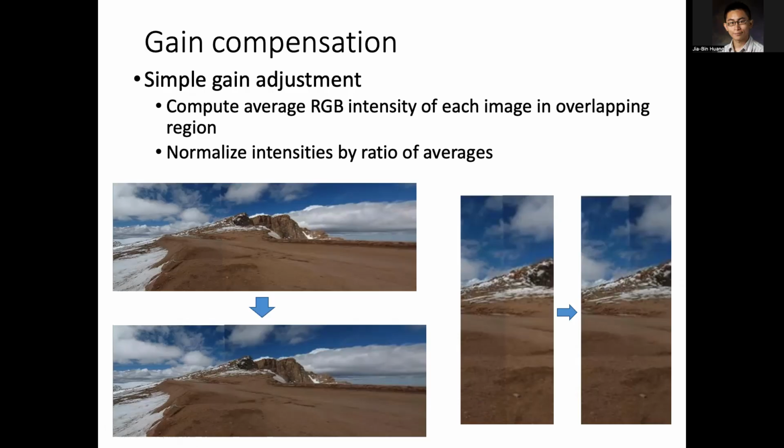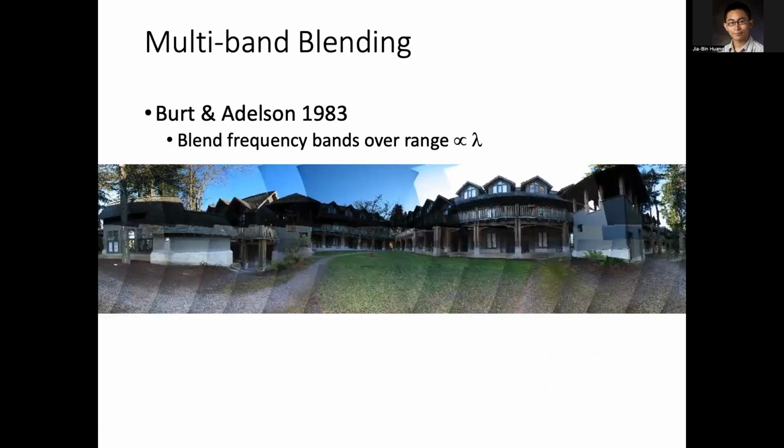It turns out the most effective method people have come up with is Laplacian blending. In this case it's called multi-band blending, but it's basically the same thing. Here's the result. The main idea of Laplacian blending is that you blend the low frequency components slowly and blend the high frequency components fast. That's the key idea.